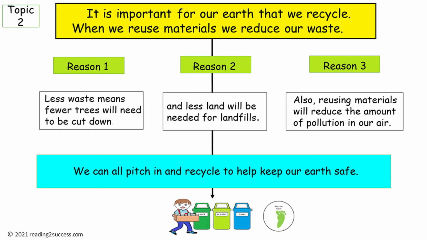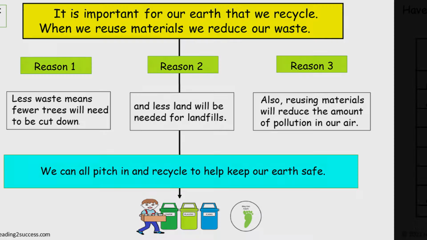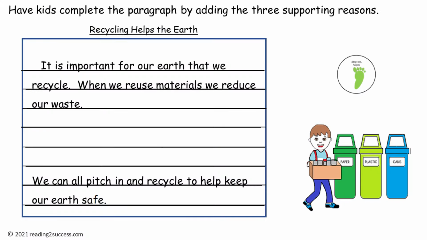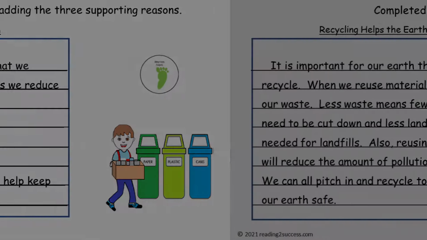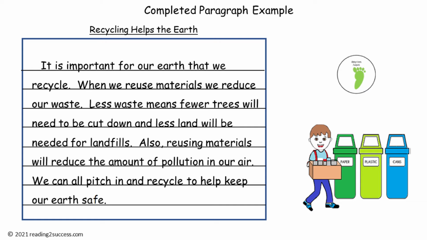The closing statement, we can all pitch in and recycle to help keep our earth safe. Using this template and referring back to the previous graphic organizer, have kids complete the paragraph by adding the 3 supporting reasons. And this is a completed example.